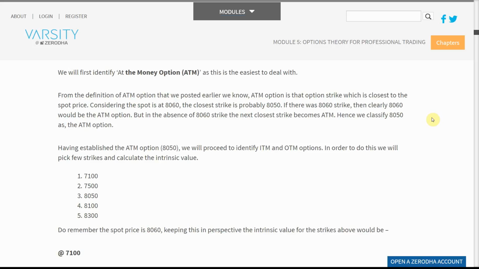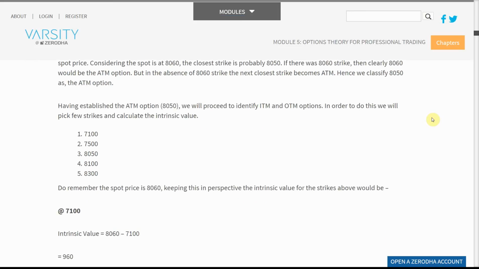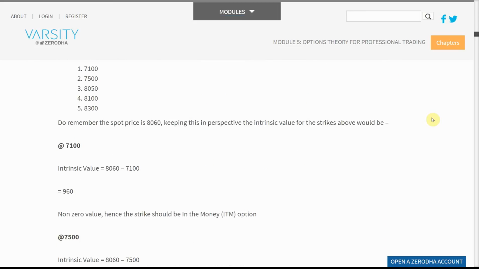In order to do this, we will pick a few strikes and calculate the intrinsic value: 7,100, 7,500, 8,050, 8,100, 8,300. Do remember the spot price is 8,060. Keeping this in perspective, the intrinsic value for the strikes above would be: at 7,100, intrinsic value equals 8060 minus 7100 equals 960. Non-zero value, hence the strike is an in the money ITM option.